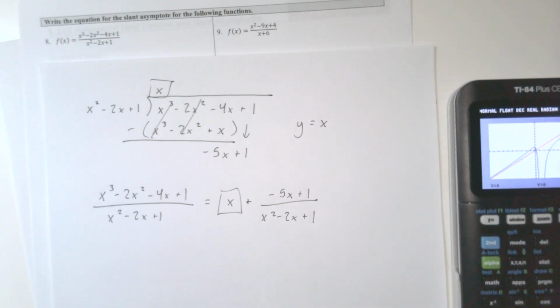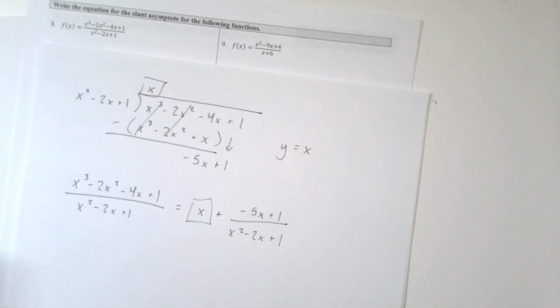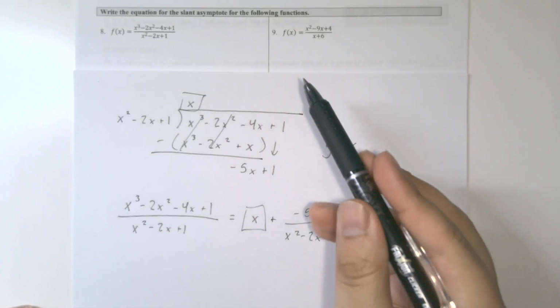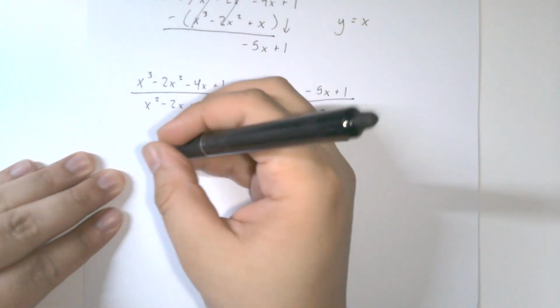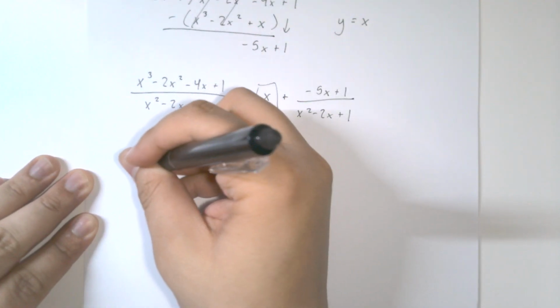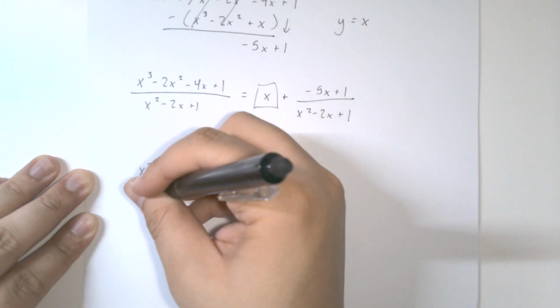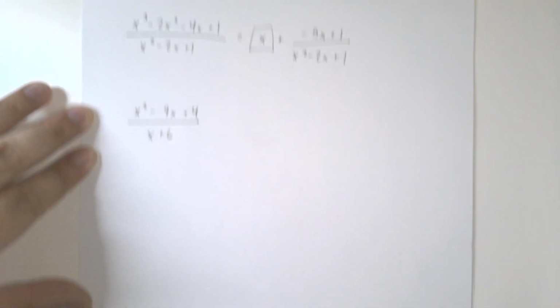Okay, let's look at the next one. So for the next one, we're going to do number 9. So we have x squared minus 9x plus 4 divided by x plus 6.